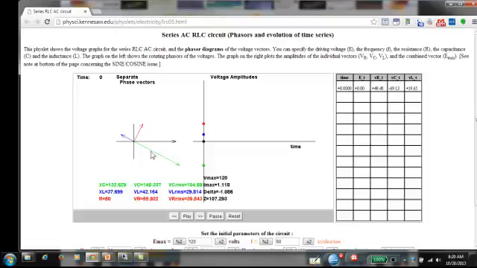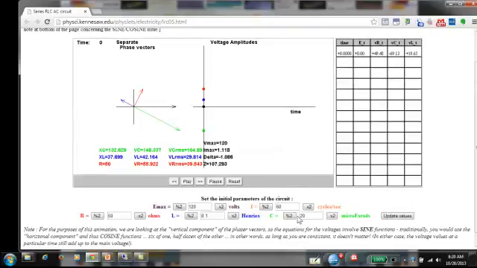Remember, the red is VR, green is VC, it's lagging behind, and leading up front is VL. Notice the values here, XC, XL, and R. They depend, of course, on the frequency that's in the bottom here if we scroll down, and they depend on the capacitance, inductance, and resistance values.